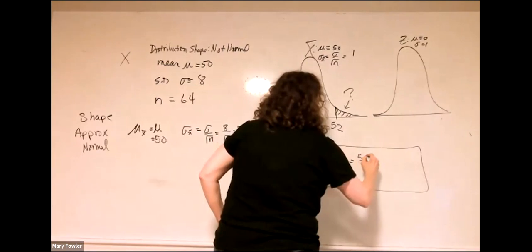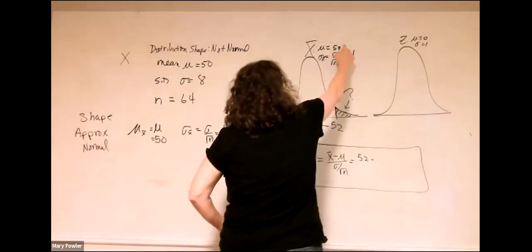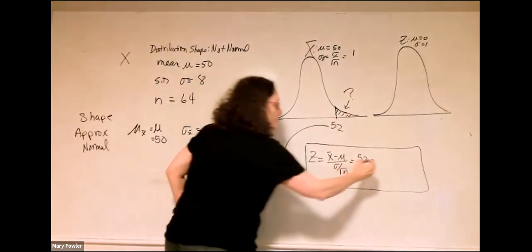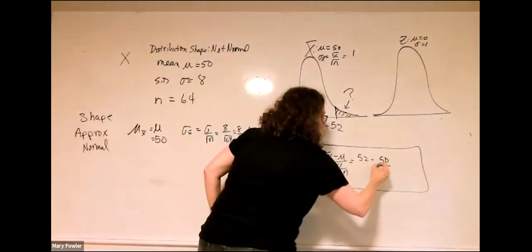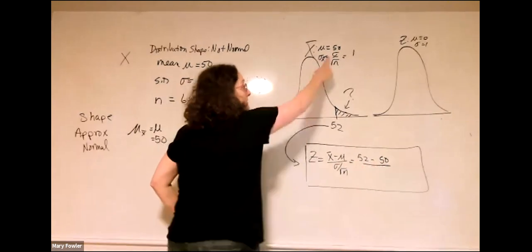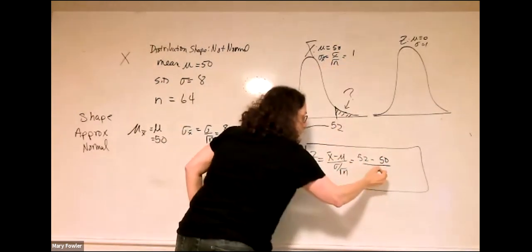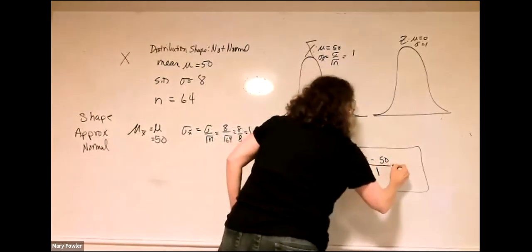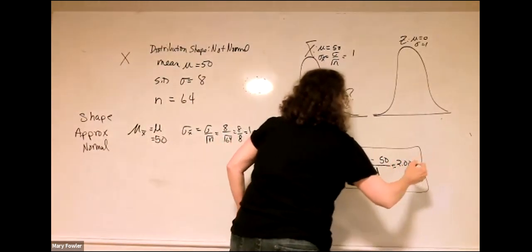And that's 52 minus 50 divided by sigma over the square root of n, which is 1. And to 2 decimal places, we get this as 2.00.